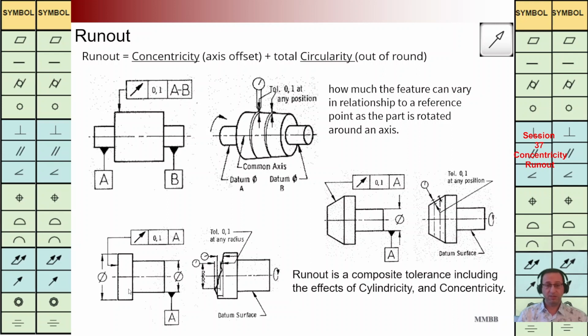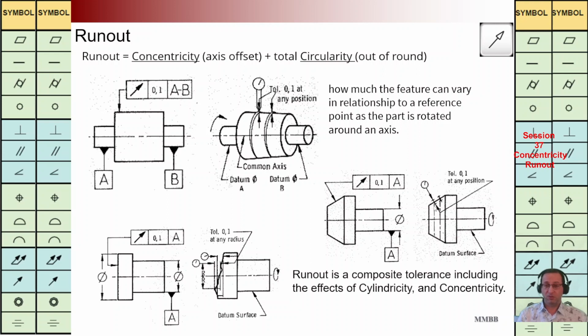At bottom, we can see here it's going to refer to this surface. We have runout 0.1 back to A. We are going to check flatness, perpendicularity, wobbles for each cross section individually with respect to datum axis A. And here we are going to have a conic shape, and we are going to use this, let's say, runout TZ 0.1 back to A. As you can see, this dial indicator should be perpendicular to that surface.